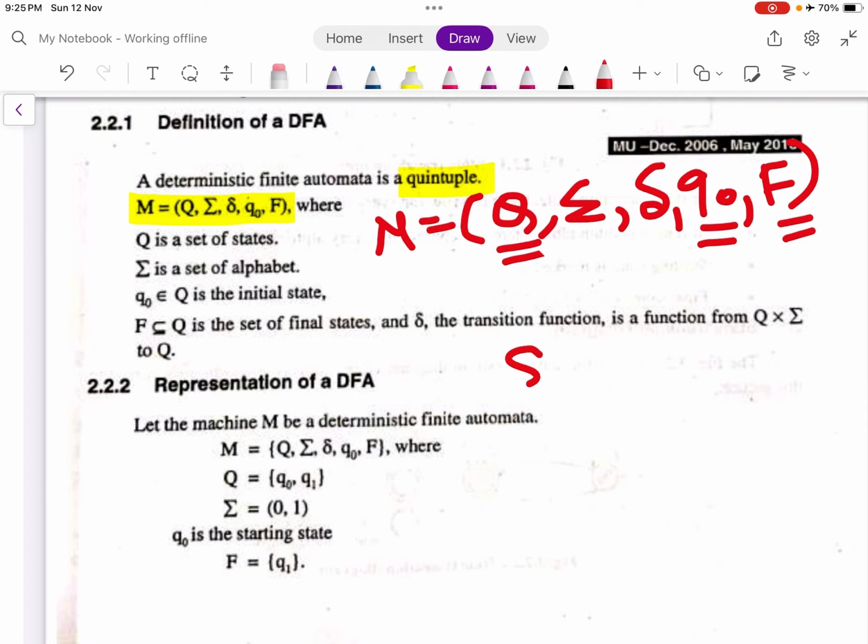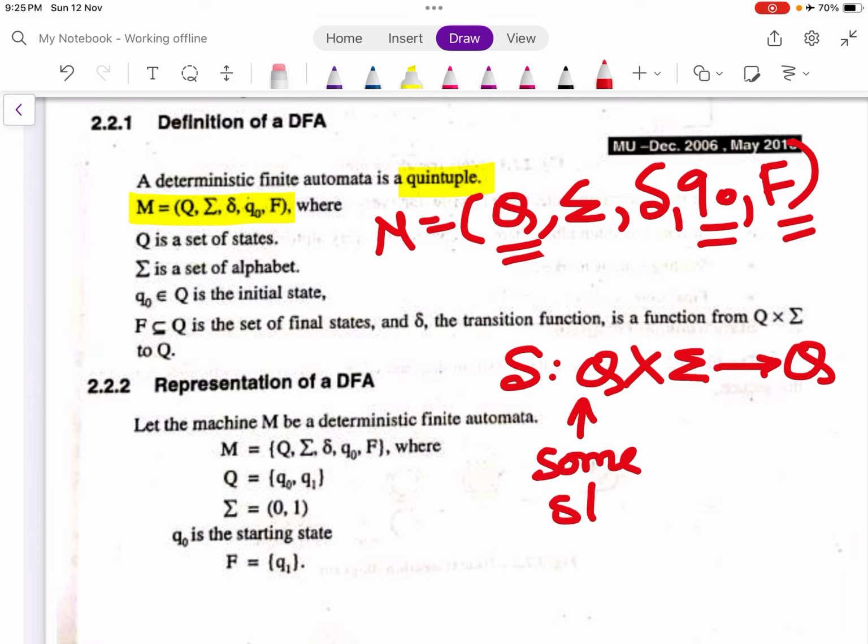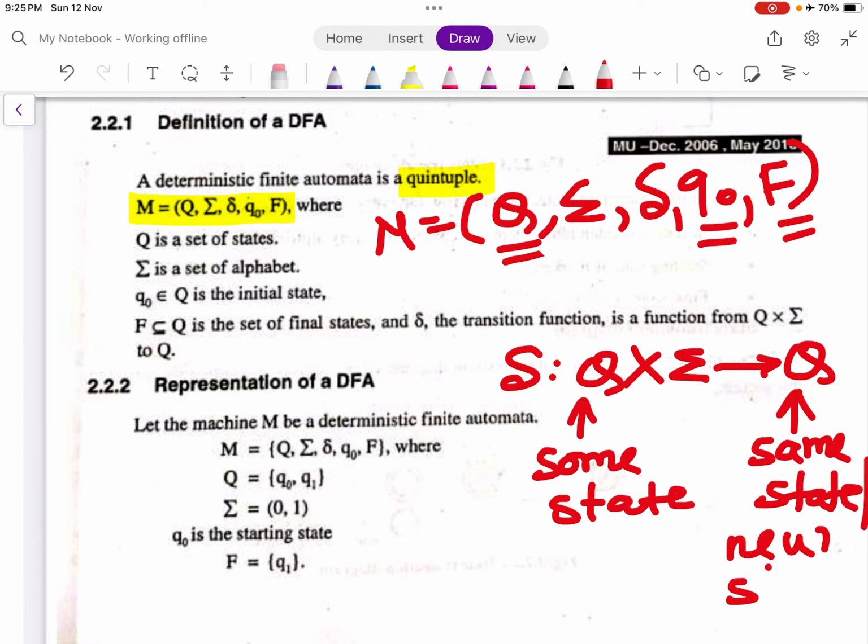And the transition function is, if you are in some state and on an input alphabet, you go to some other state. So on an input alphabet, you either remain in the same state or go to a new state.